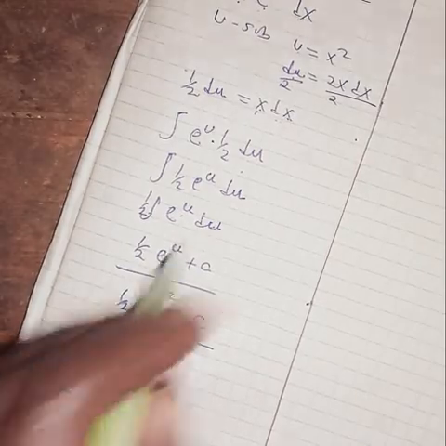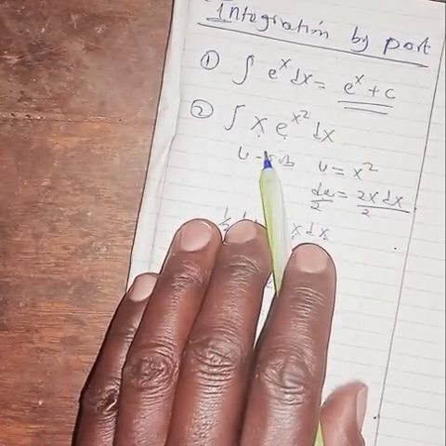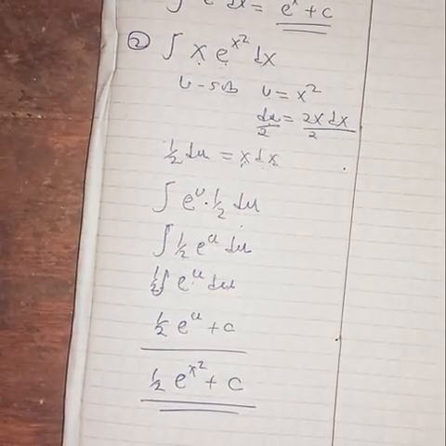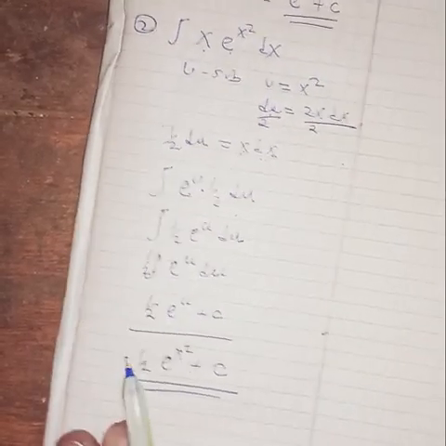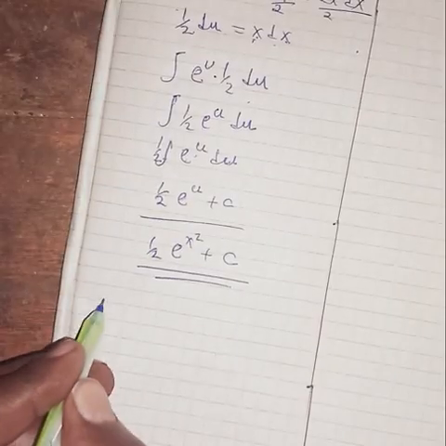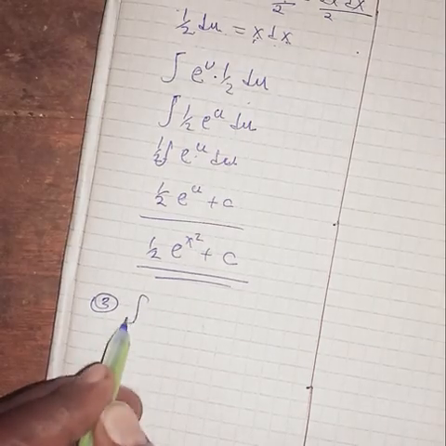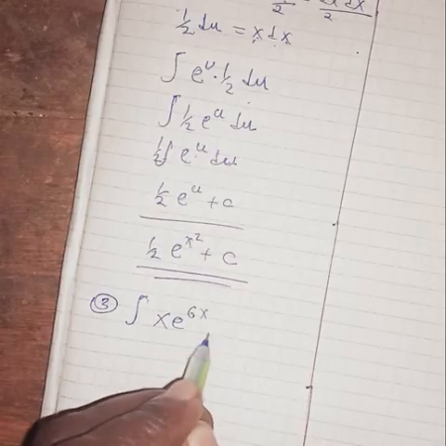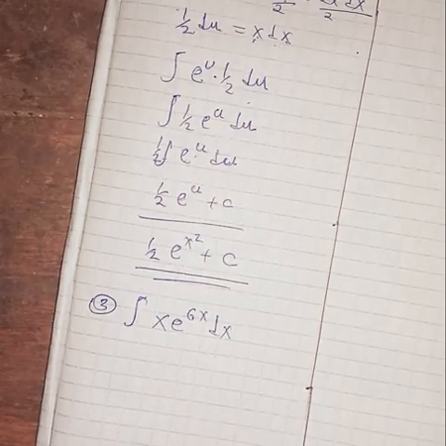And that is the answer to that simple function when you have been told to integrate. Let us look at another example. Let's say you have a function like this, and you have been told to integrate.